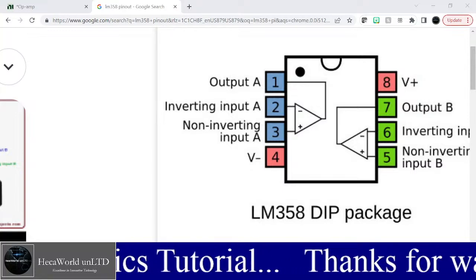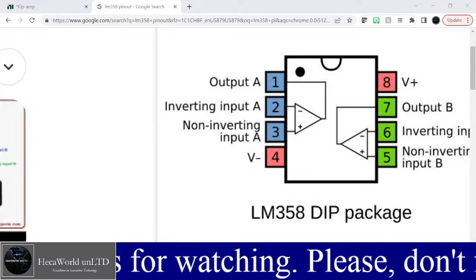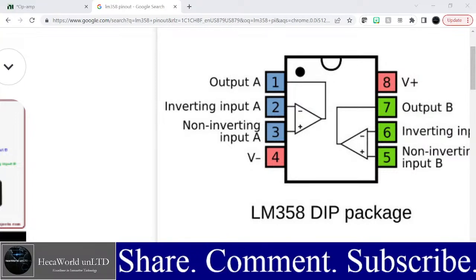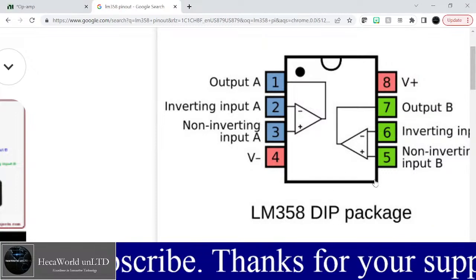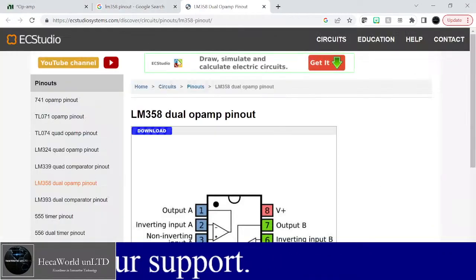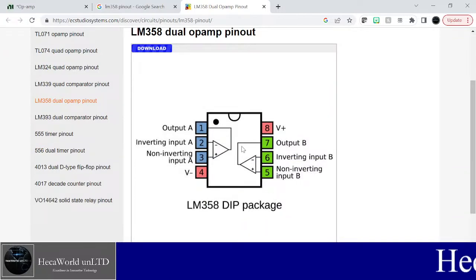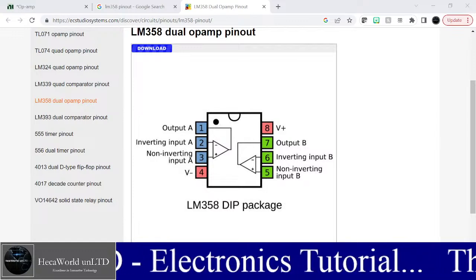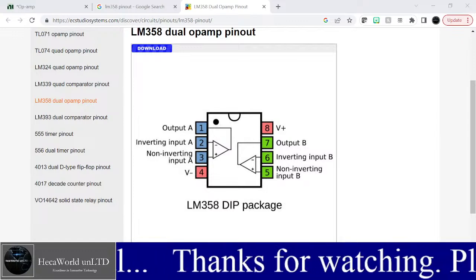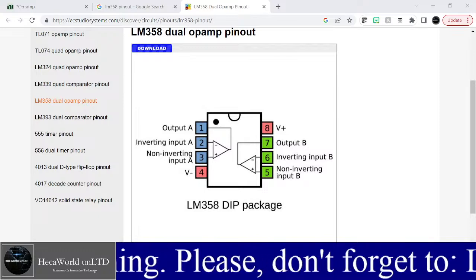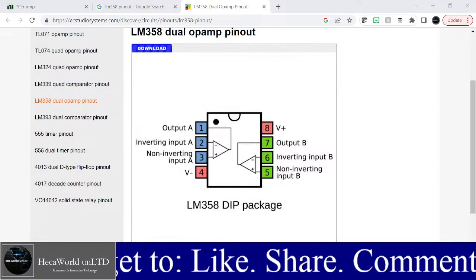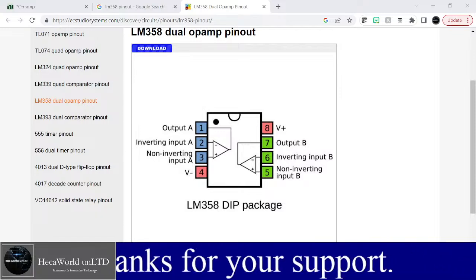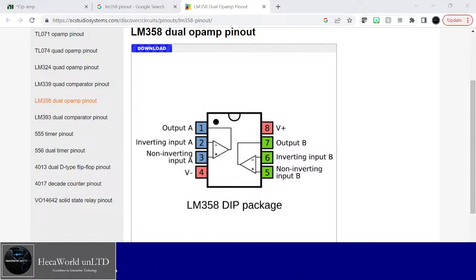So the non-inverting input, therefore, is connected to the threshold signal or a reference signal. And then whenever the non-inverting signal is greater than the inverting signal, the output is high.